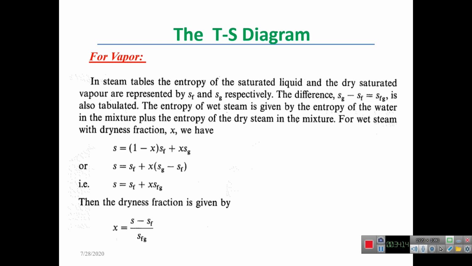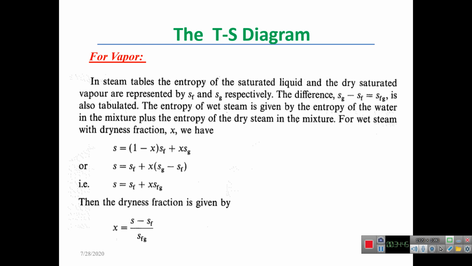Now, Sf's and Sg's and Sfg's are all tabulated in the tables of properties. So when you go to tables of properties, you will find at any given temperature and pressure values for Sf, values for Sg, and values for Sfg.